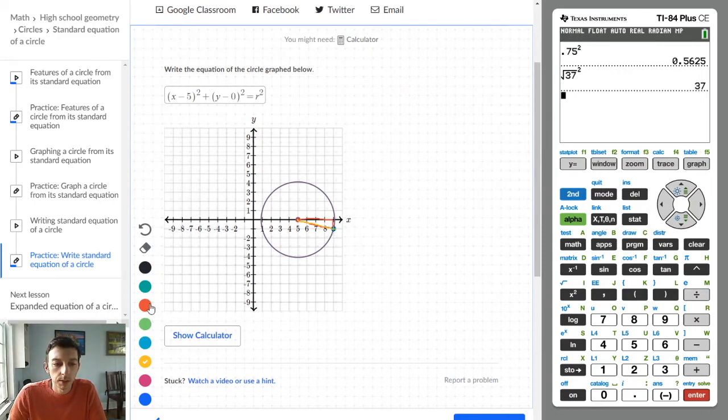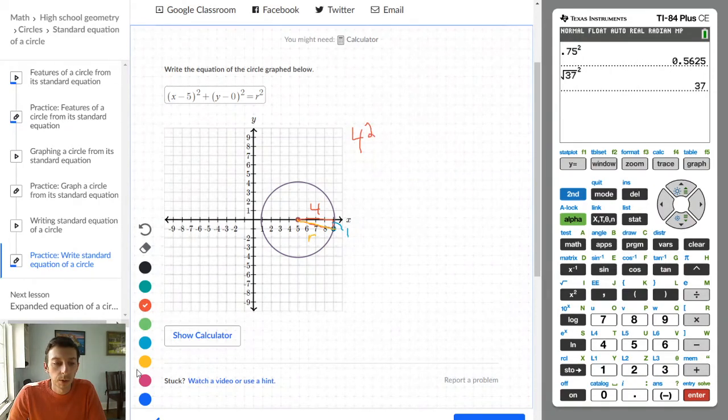So my distance from the center to the right side of my triangle is 4. I can count that because it's all the way over here to where 9 is. This height over here is 1. In order for me to find the radius, which is the hypotenuse of this triangle, I'm going to have to use the Pythagorean theorem. We'll set that up: a squared plus b squared equals c squared.